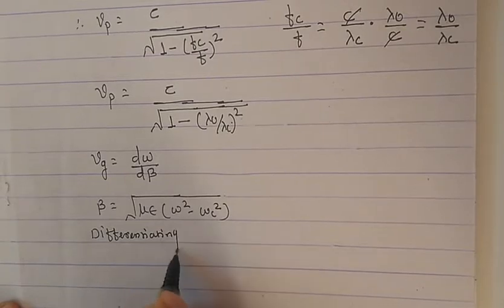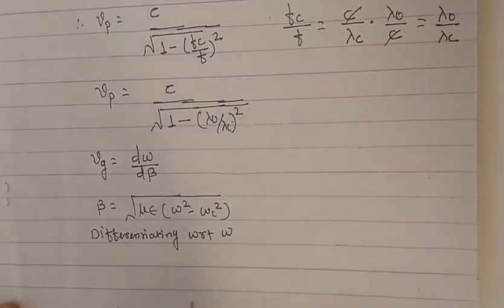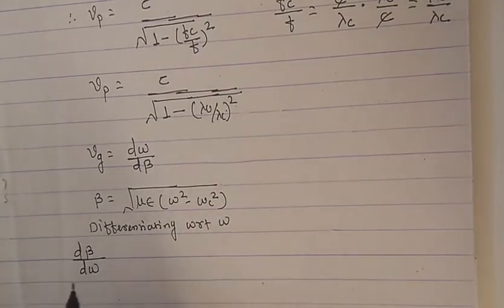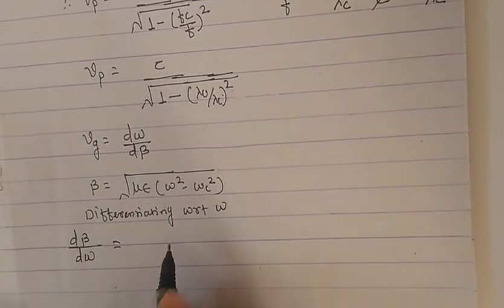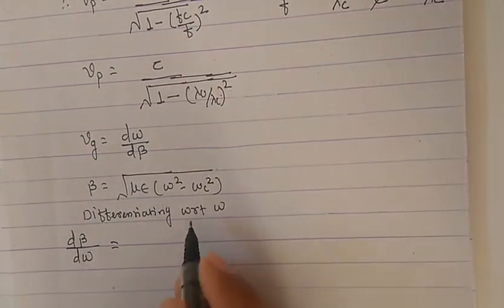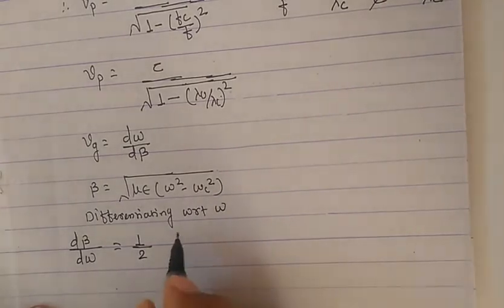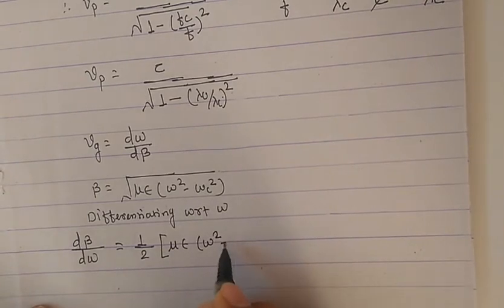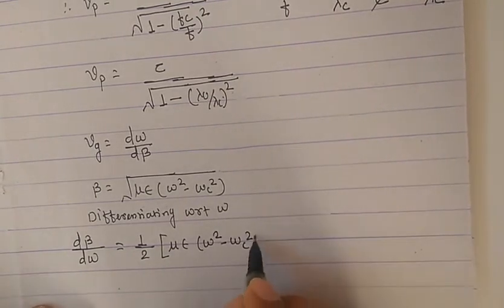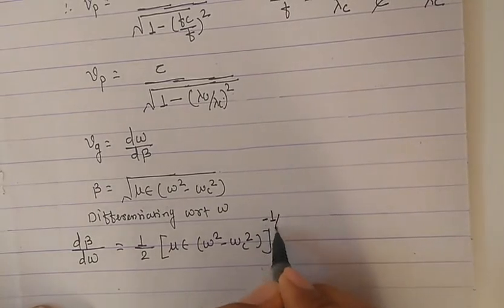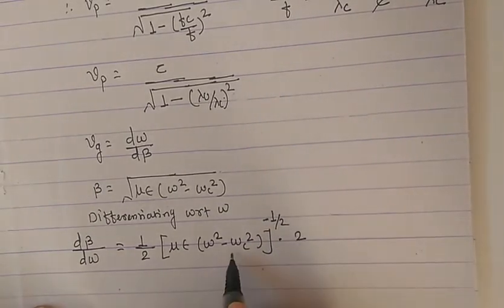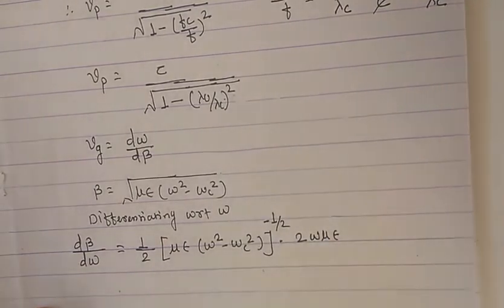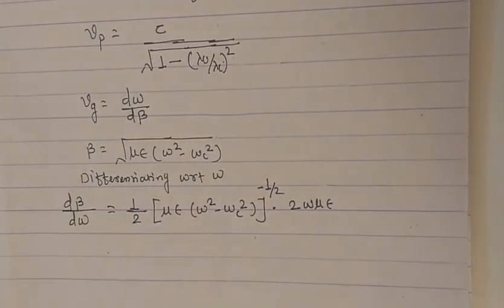Differentiating with respect to omega, we get d beta over d omega is equal to 1 by 2 into mu epsilon, omega square minus omega c square to the power minus 1 by 2, into 2 omega mu epsilon. So this is how we have differentiated beta with respect to omega.